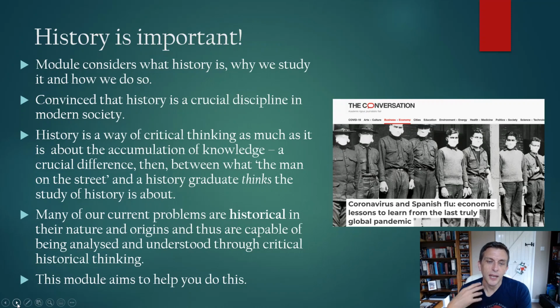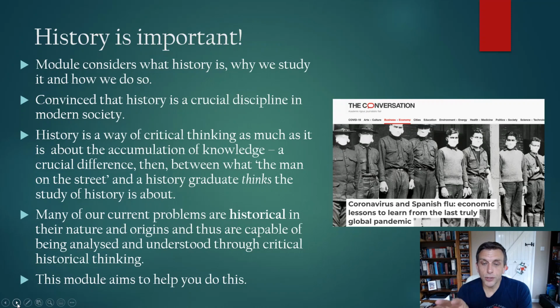It comes from a place that is certain that history is a crucial discipline in modern society, because history, as I hope this module will help you understand, is a way of critical thinking, as much as it is about the accumulation of knowledge about a political subject, like the First World War or the Avignon Papacy or something.